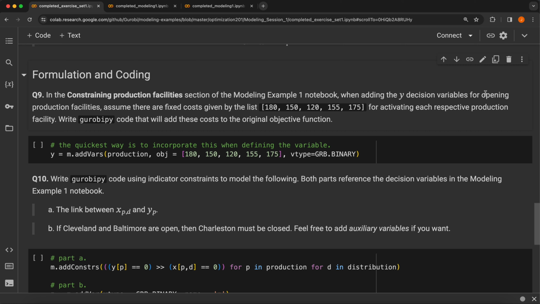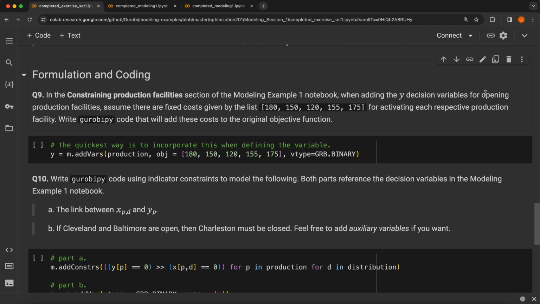You can definitely use the old-fashioned setObjective command. One thing that is important to note about this is what we call model sense. The default model sense in Gurobi is minimization.